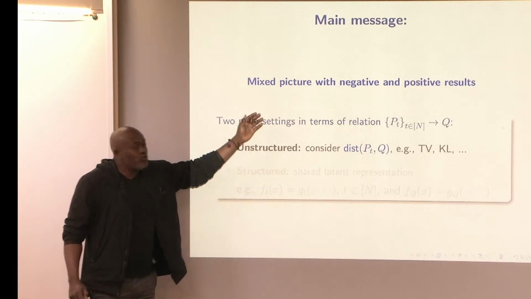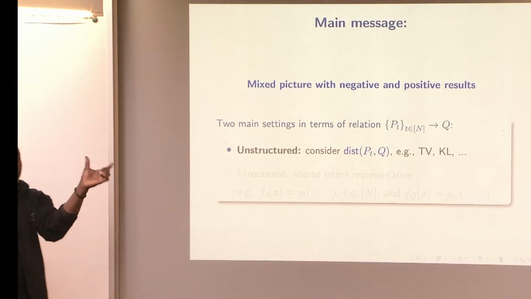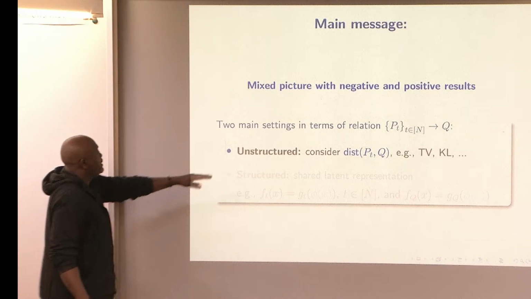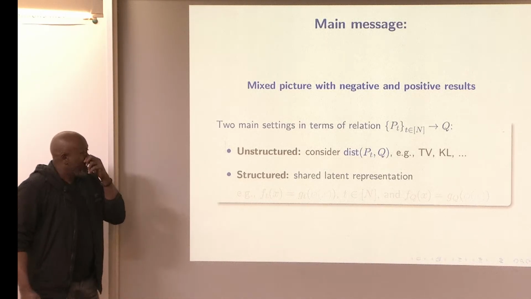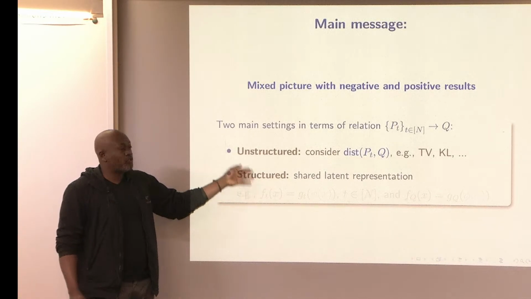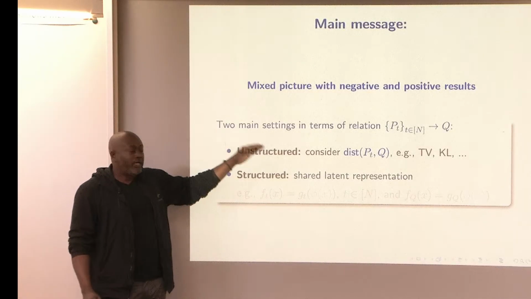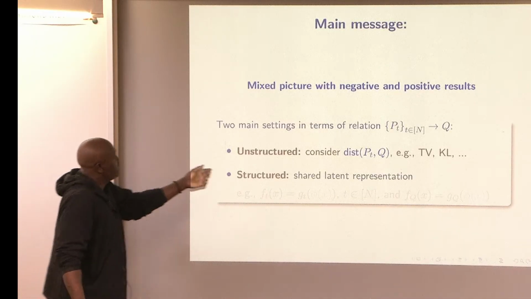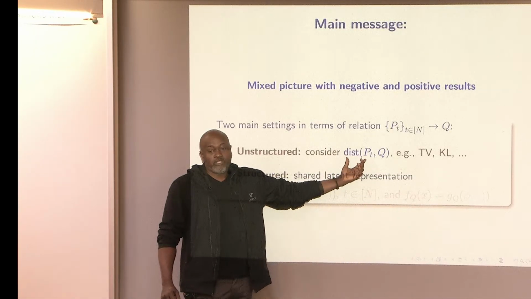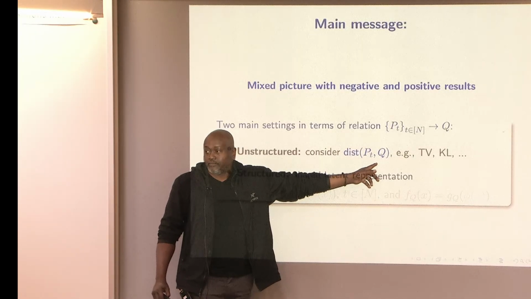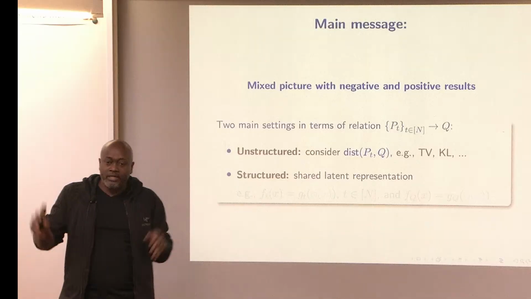So there'll be two ways. Obviously, all these results will have to depend on how we relate the P's to Q. There'll be two ways, unstructured and structured. By unstructured, and I'm using these words colloquially, it's not formal, unstructured just means that we make the usual assumptions of considering distances between the distributions P's and Q. Distance is viewed informally.